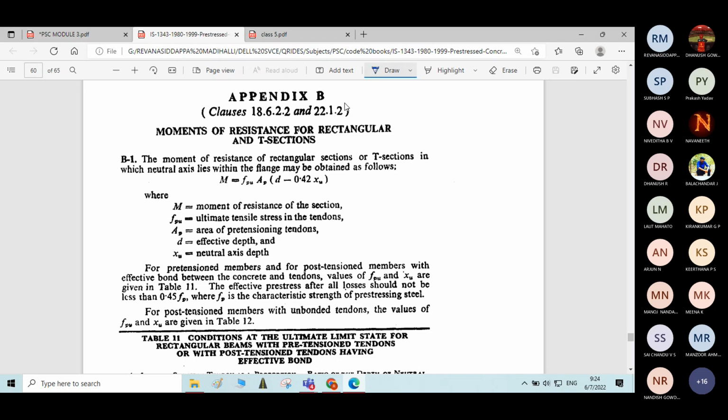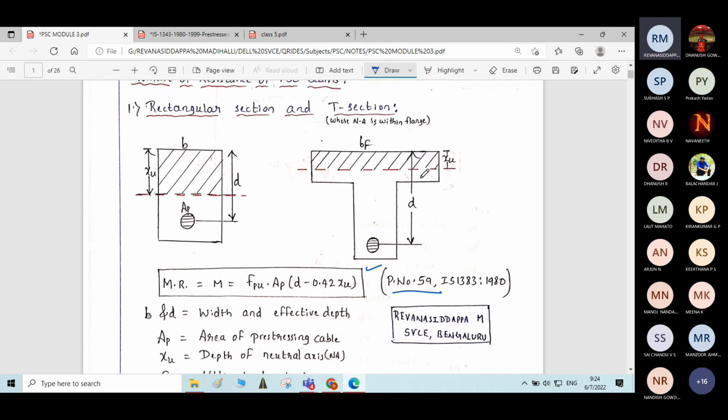Here you can see that formula: M is equal to fpu Ap into (d minus 0.42 xu). We will use this formula to find the moment of resistance of a rectangular beam and the moment of resistance of a T beam, provided the depth of neutral axis lies within the flange.